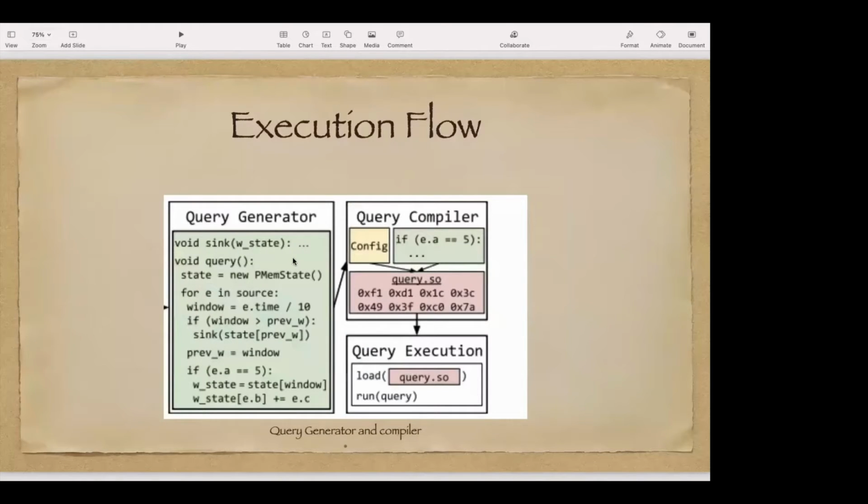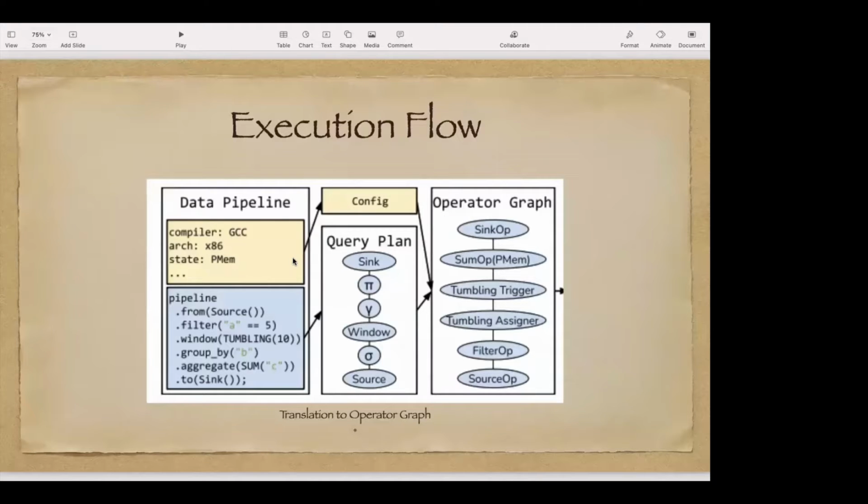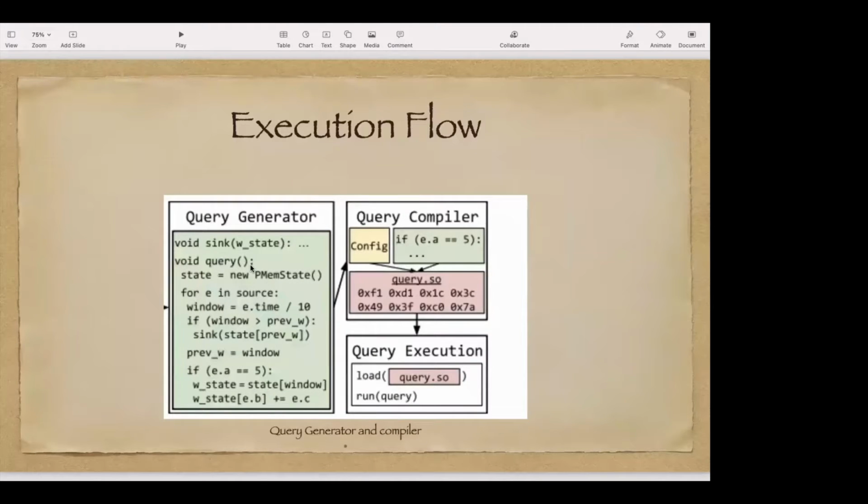Once the operator graph is achieved, the query generator takes the graph and creates C++ code out of it. This is the C++ string representation of the actual query.